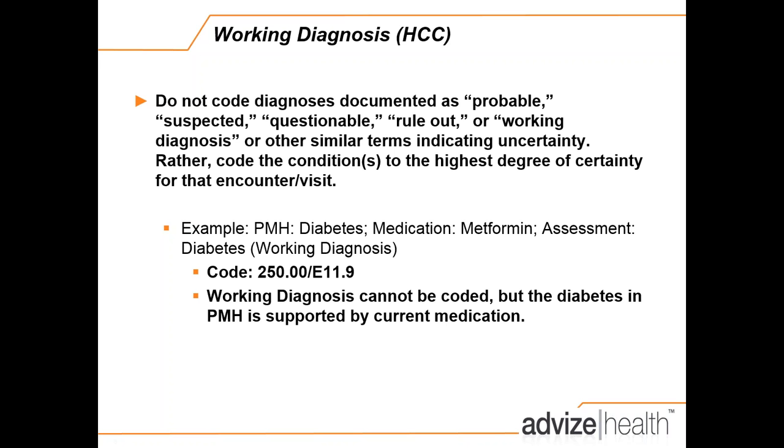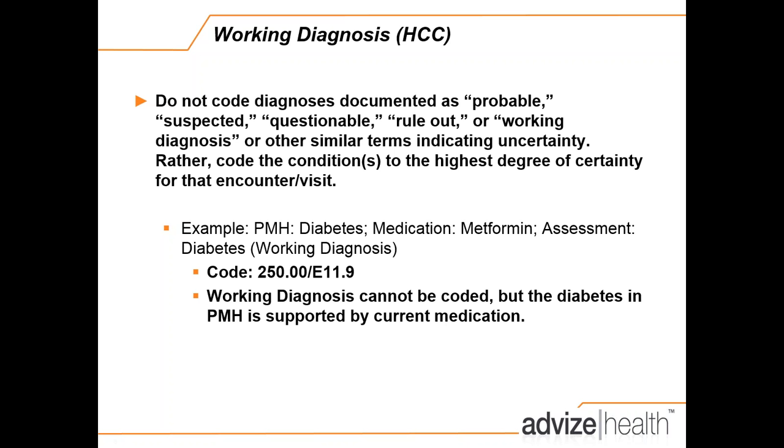Here's an example. A PMH says diabetes, the medication is metformin, and the assessment says diabetes working diagnosis. The code for this in regards to HCC would be E11.9. Working diagnosis codes cannot be coded, but the diabetes in the PMH is supported by the current medication.